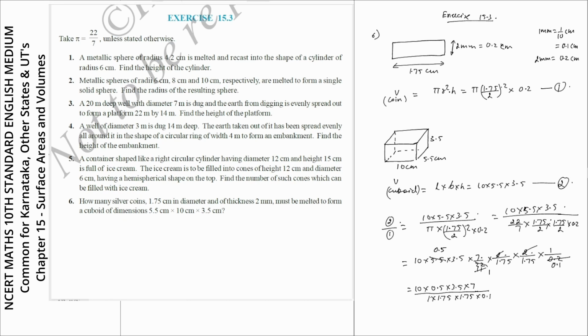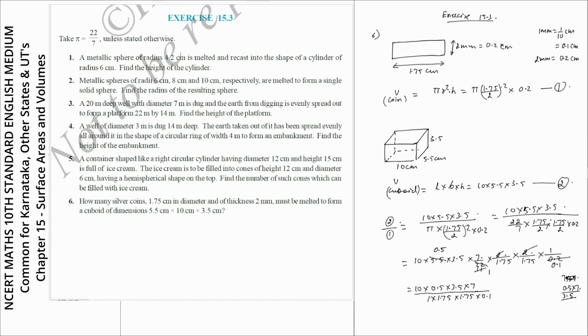Now what is 0.5 into 7? 0.5 into 7 is 7 5s are 35, 3.5 I'll get.